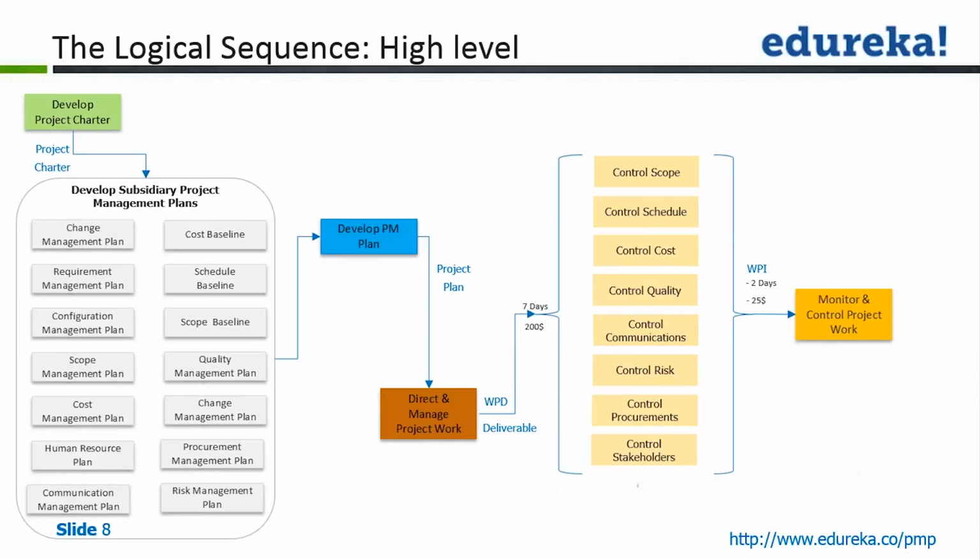Okay, so these baselines are not a part of your project documents, but they are a part of your project management plan. So once we have this work performance information, that we have a delay of 2 days and we are overspending by $25, now we need to look at the overall perspective of how this will impact the overall project.